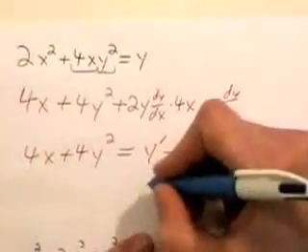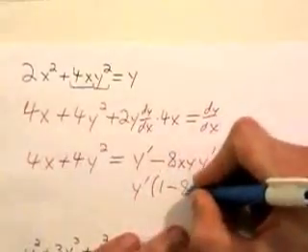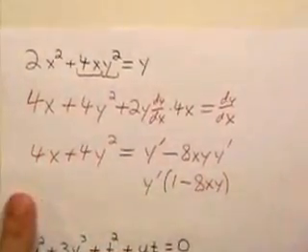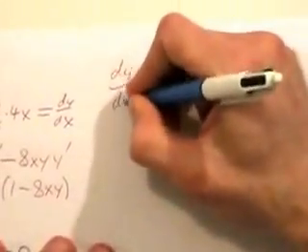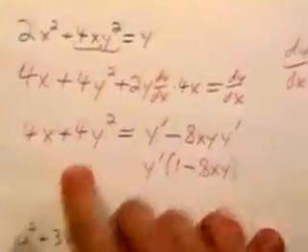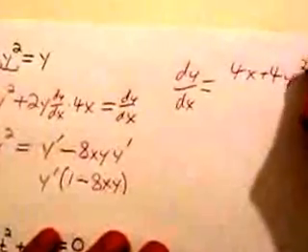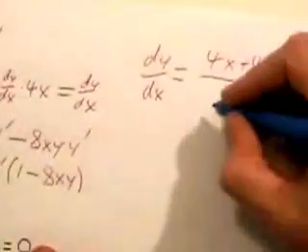Factor out the y prime, so you get y prime times (1 minus 8xy), and then divide through, and what you wind up with finally for this one is dy/dx, or y prime, equals 4x plus 4y squared, all divided by 1 minus 8xy.